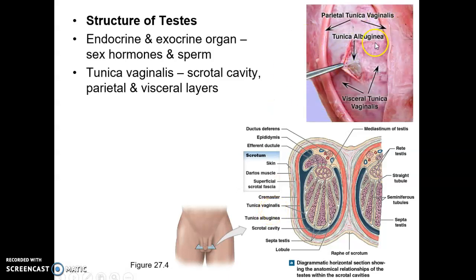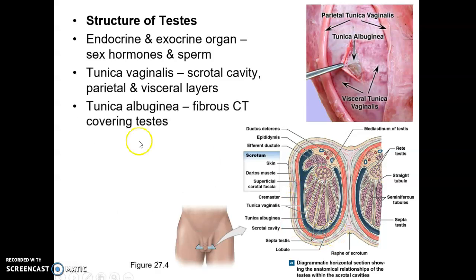So here's a dissection with the parietal layer of the tunica vaginalis externally, and then the visceral layer of the tunica vaginalis deeper, and then deep to that would be the tunica albuginea, which is labeled here on the diagram. And the deeper tunica albuginea is fibrous connective tissue right on the surface of the testis.